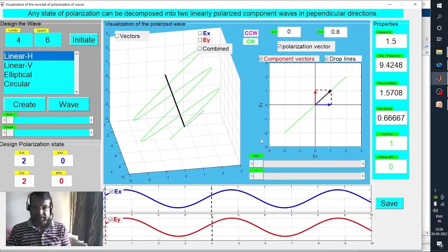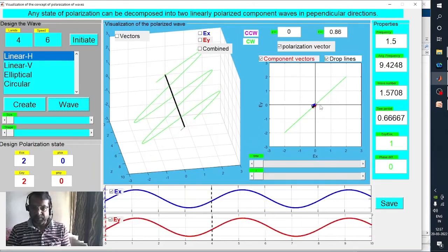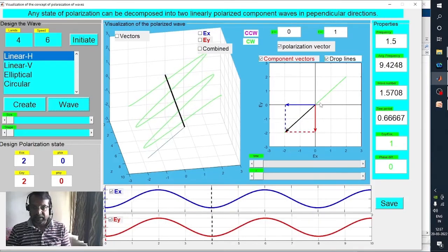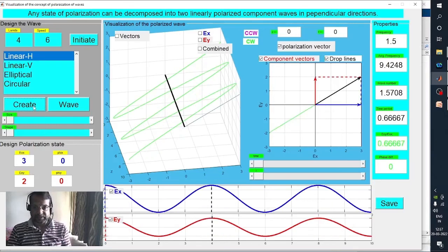Since Ex is equal to Ey, the resultant makes an angle of 45 degrees with the x-axis. If the Ex and Ey ratio changes, the angle would also change. As Ex becomes more and more, the angle which it makes with the x-axis becomes smaller and smaller.